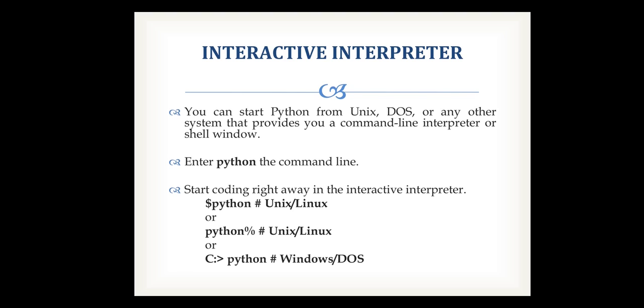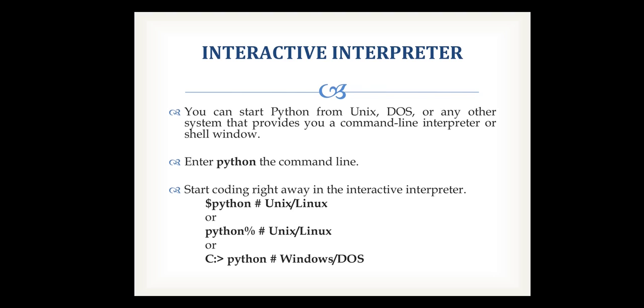So here you see how it looks in your command line, whether it is Unix or Linux. It will look like there is a dollar symbol, then python, or there is python then a percent symbol, or a hash. So it will look like this in Unix in the command line, okay, or shell window.